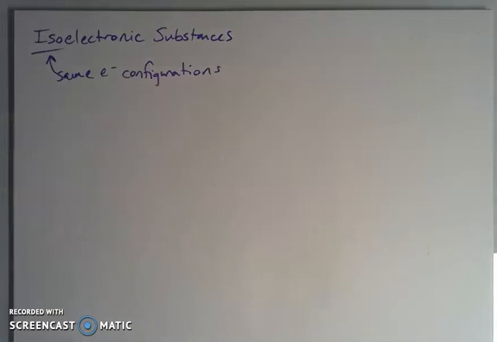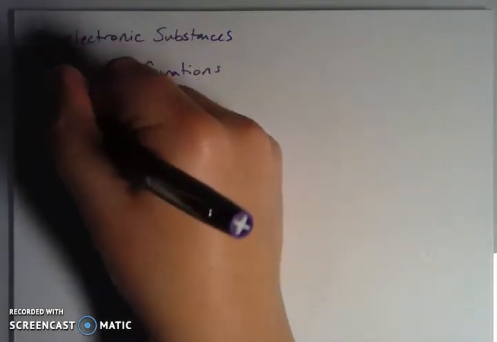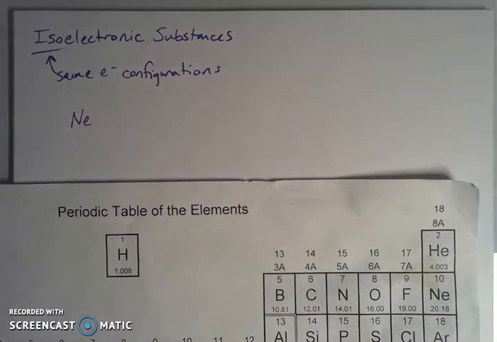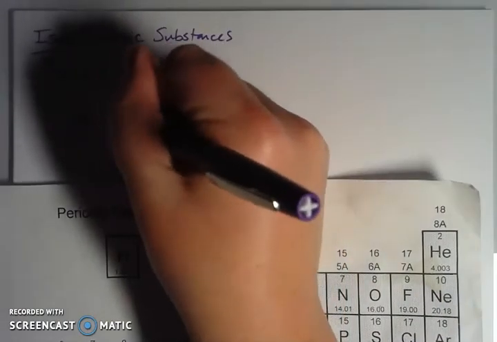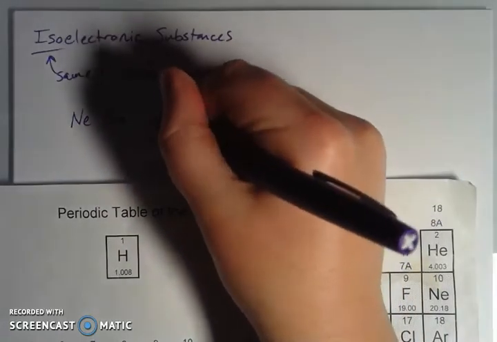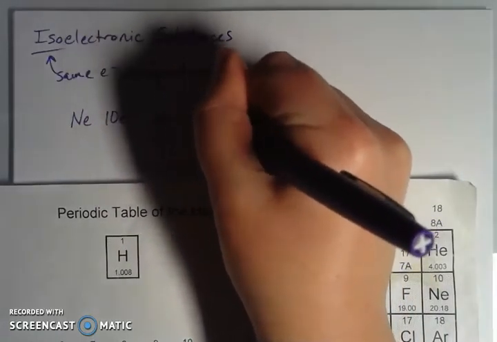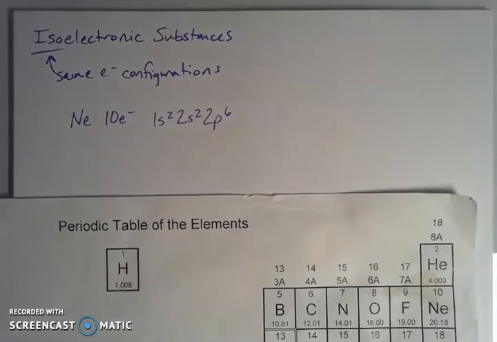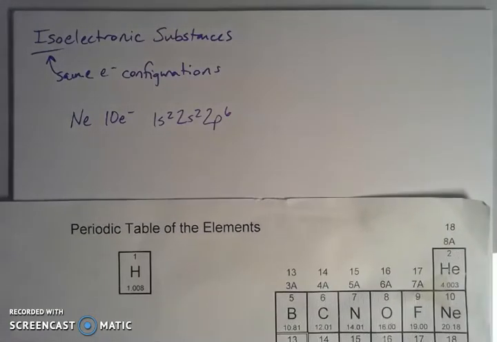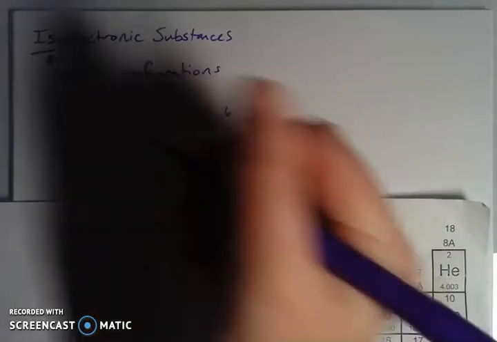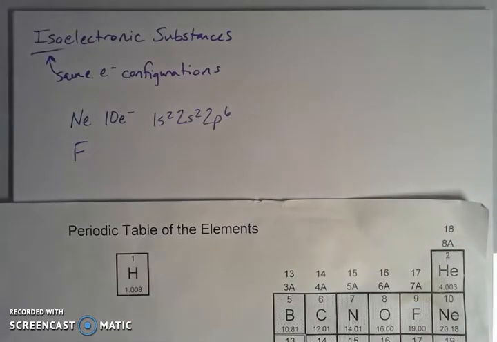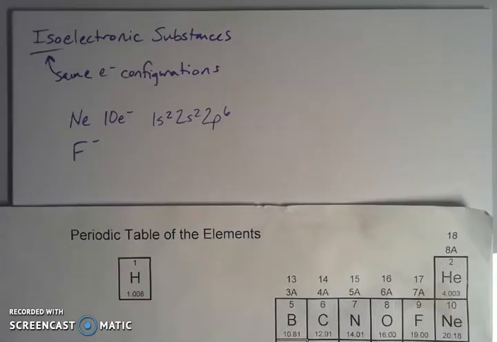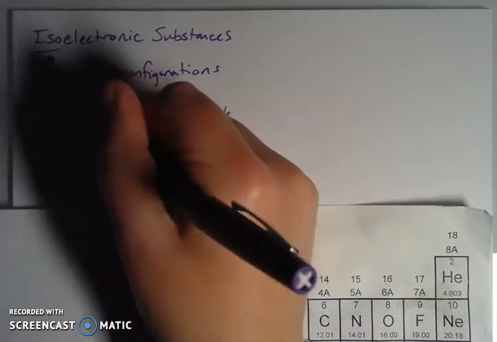So let's look at an example of that. Let's take neon, for example. So neon is one of our noble gases. It's got 10 electrons, so its electron configuration is 1s2, 2s2, 2p6. There's those 10. Now let's take fluorine. Fluorine has 9 electrons, but when it becomes the fluoride ion, meaning when it gains an electron, then now it has 10 electrons, right?